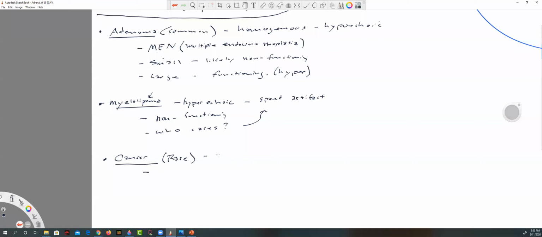When someone does have adrenal cancer, just like an adenoma, it can be hyperfunctioning. The cancer can be hyperfunctioning, and in this case, maybe huge. Huge.